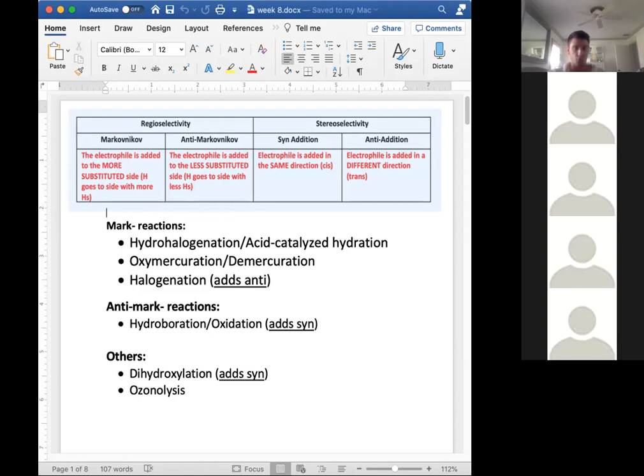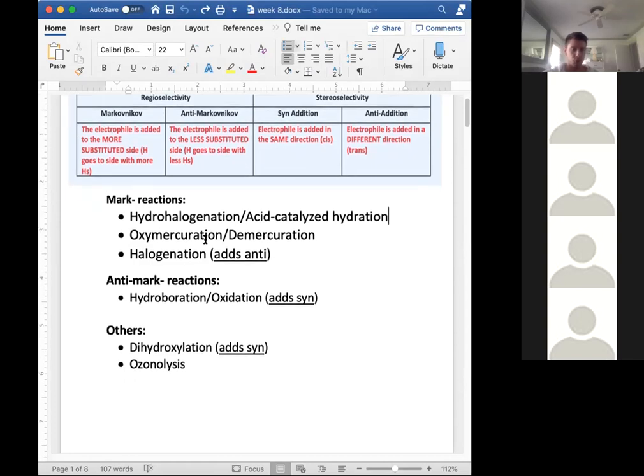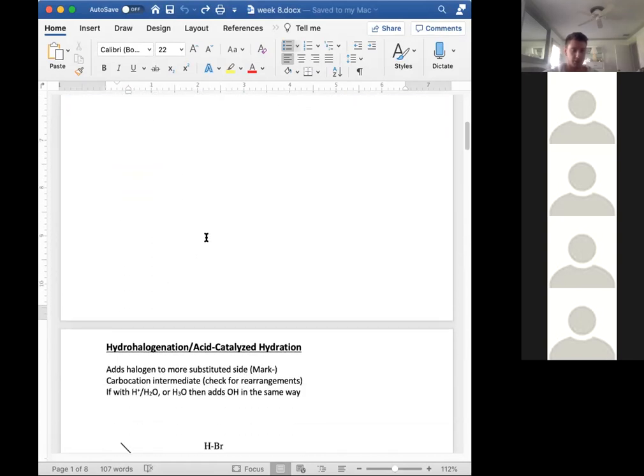If something is more or less substituted. That'll be your first major key to this chapter: knowing what side of the double bond is more or less substituted. With that in mind, let's go to a couple examples.